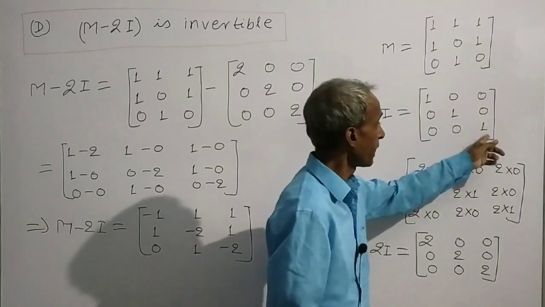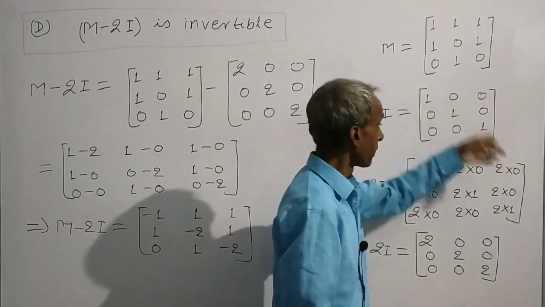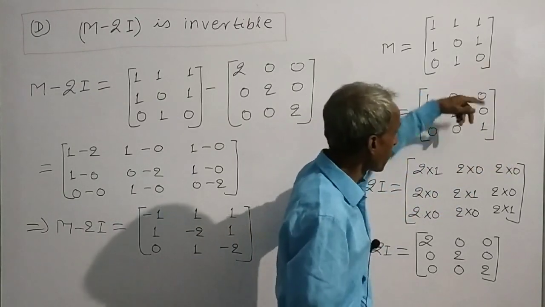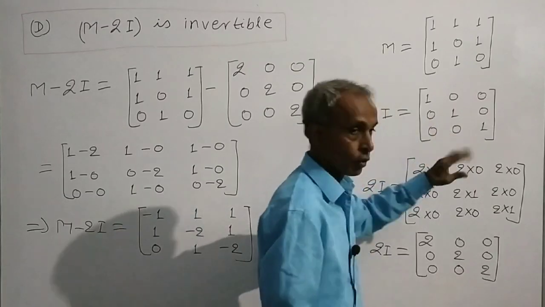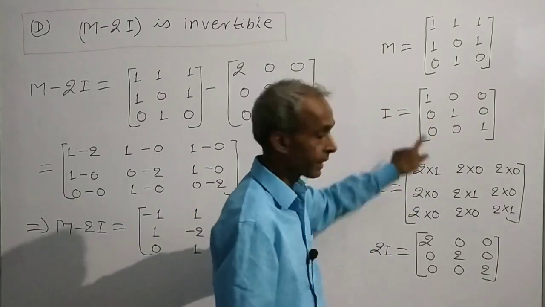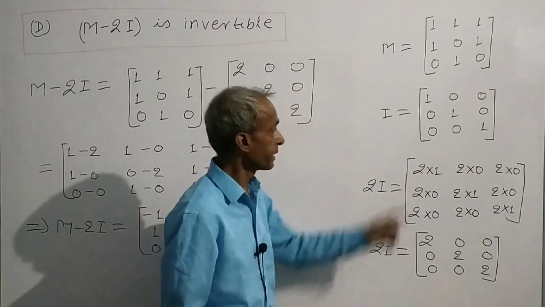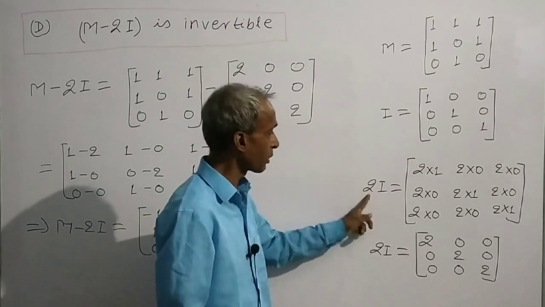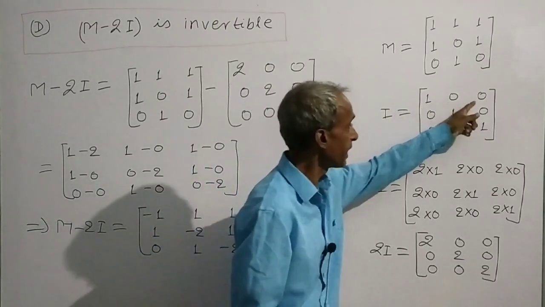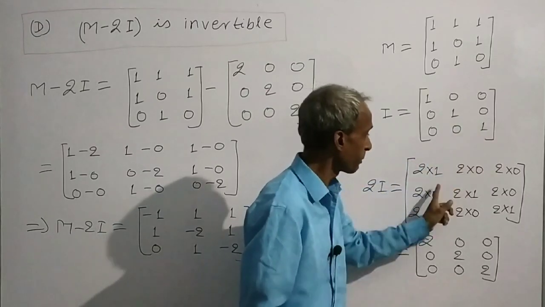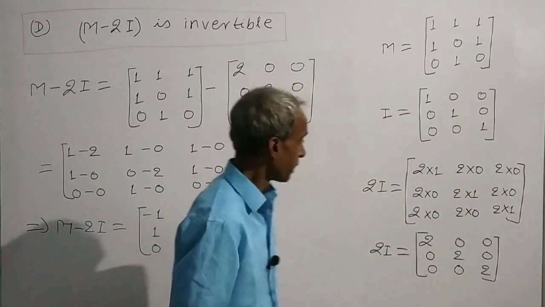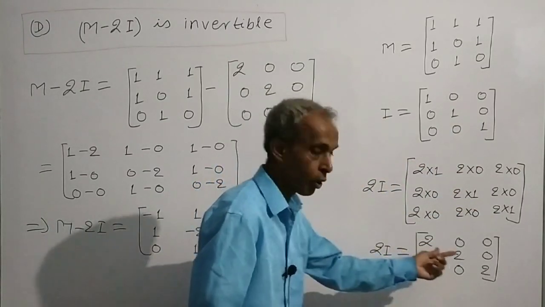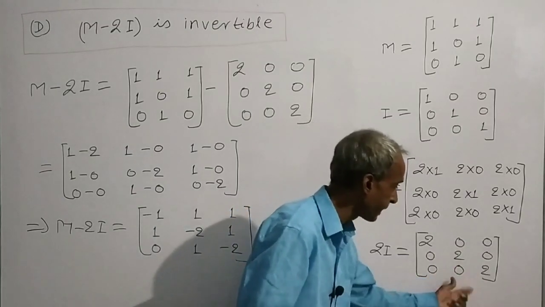All diagonal elements are 1 and all other elements are 0. This is unit matrix. When this matrix is multiplied by constant number 2, each element will be multiplied by 2. Then 2I is obtained as this matrix.